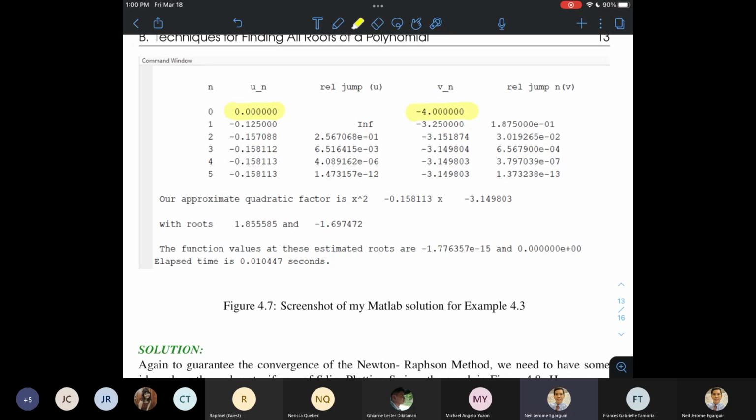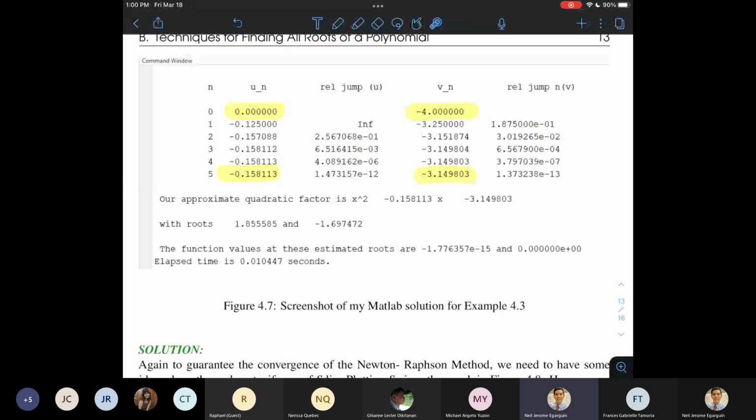Okay? So ito yung nakuha kong UN, ito yung nakuha kong VN. So sabi ni Bairstow, okay, ito isang good approximate para dun sa quadratic factor: x squared minus 0.15x minus 3.14. Okay? Tapos, dahil I am expecting this to be a good factor, then pag nag-quadratic formula ko dito, itong dalawang roots na makukuha ko would be a good estimate for the roots of the function p.